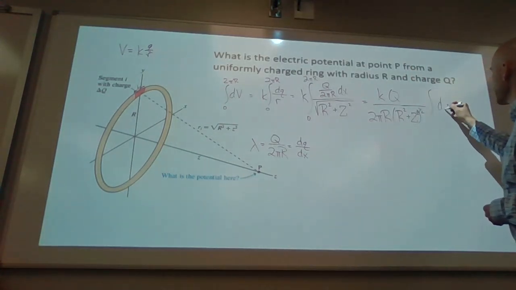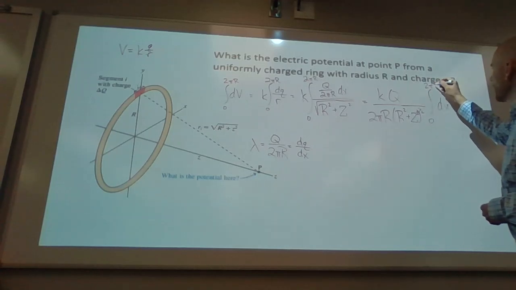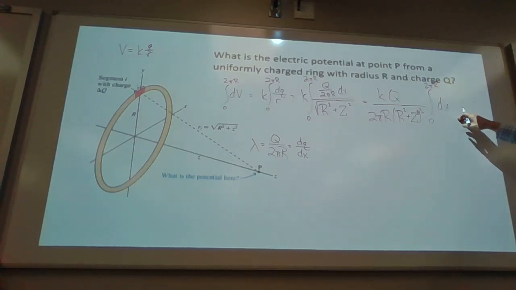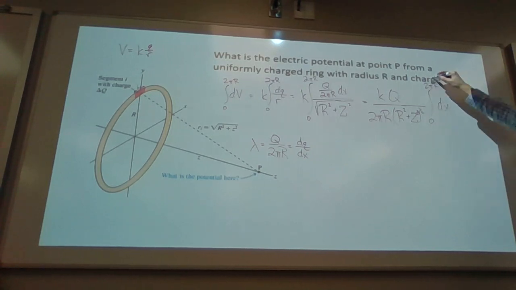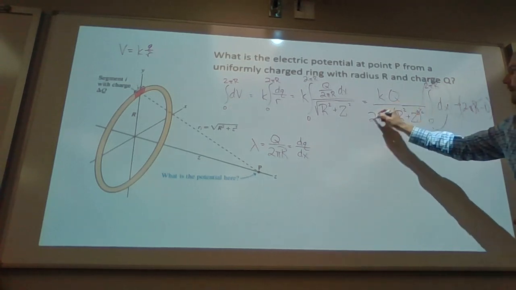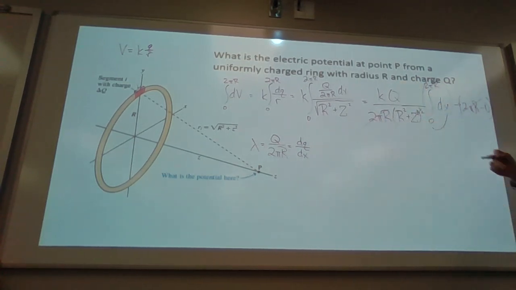That just becomes 2 pi r minus 0 when you integrate. So this part here becomes 2 pi r minus 0 times this quantity. The 2 pi r's go away, and you're just left with this.